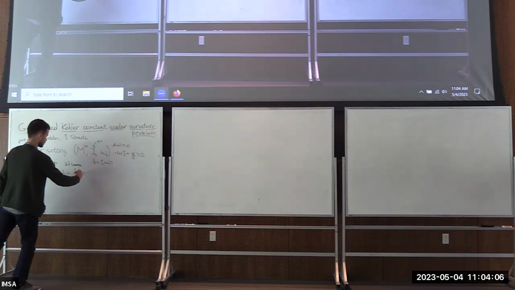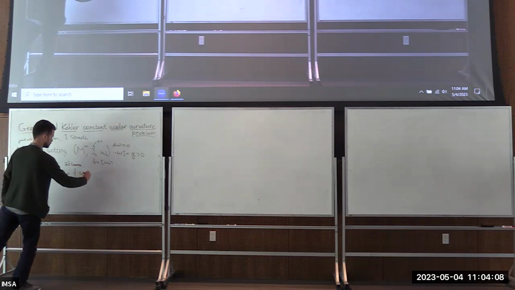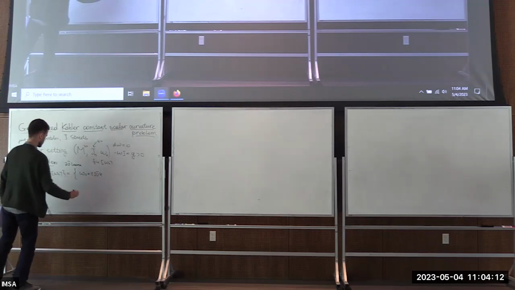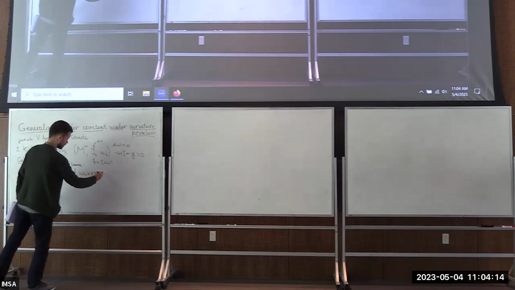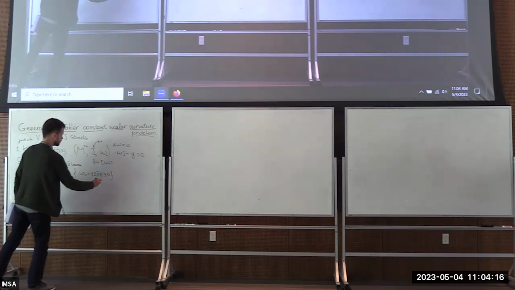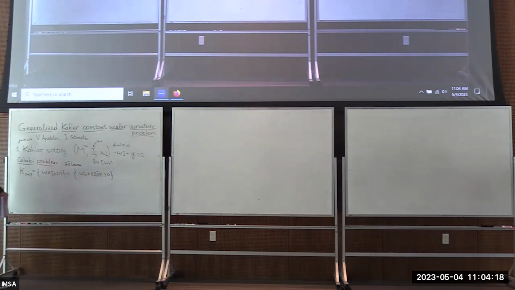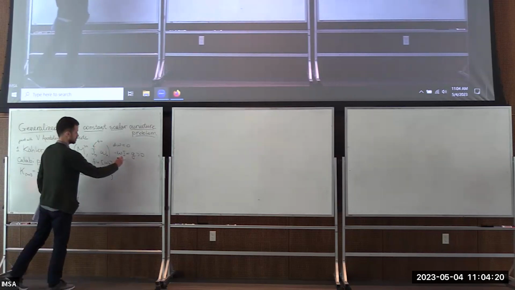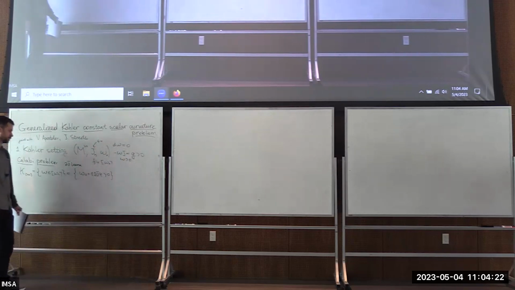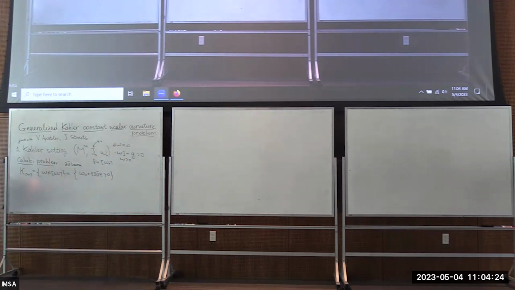You can interpret all these metrics as omega 0 plus i ddbar of a smooth function, and again you have the condition that this is positive in the same sense as before. So this is the Kähler class, and in the Kähler class you might want to find a nice representative.